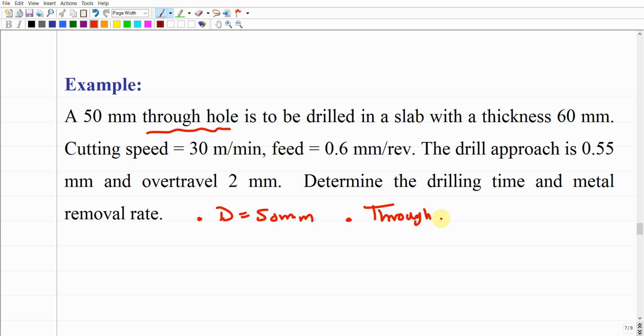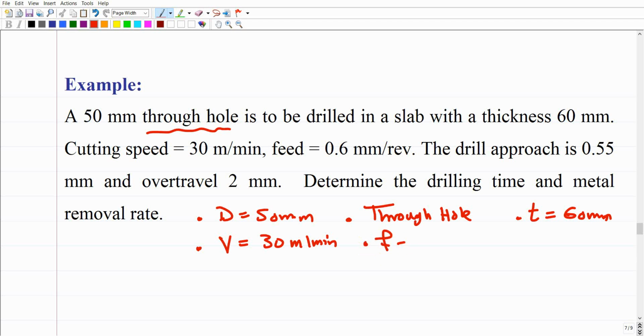It means that we have to calculate the A, in addition to adding approach and over travel if they were given, to be drilled in a slab with a thickness. So this is going to be T, which is the thickness of the slab part in which we shall open this hole. And the cutting speed, remember that the cutting speed would be given either as N or V, depends on the unit. Here it was given as V at 30 meter per minute.